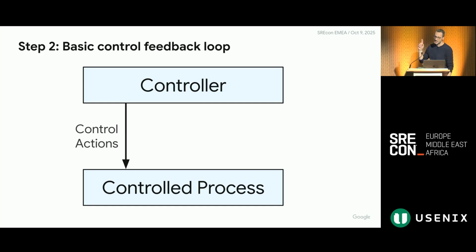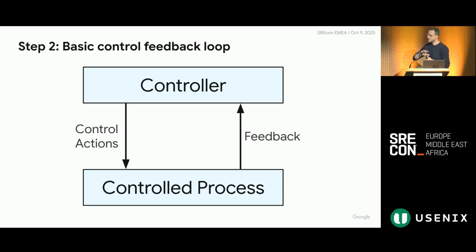I mentioned earlier that STPA models component behavior happening in the system. Well, what is behavior if not a series of decisions? STPA calls these decisions control actions. And here's the very important part. Controllers don't make decisions out of the blue in a vacuum.